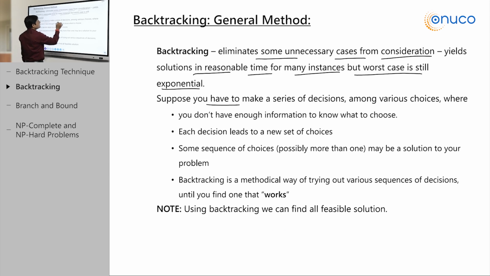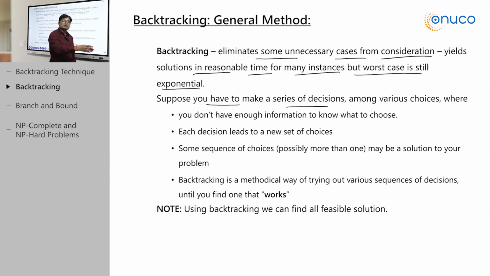Suppose you have to make a series of decisions, right? Because you're going to find out all feasible solutions, and say at one time you have two or three different options to choose, right? So we are not going with only one case. With choice one, I will see whether you are getting feasible solutions or not. Again, choice two we are going to apply, whether you are getting feasible solutions or not.